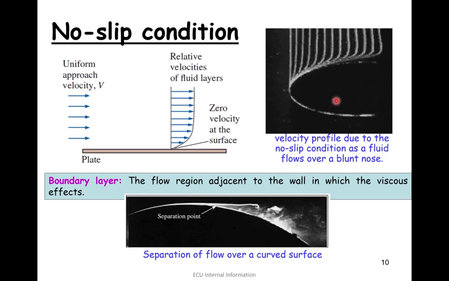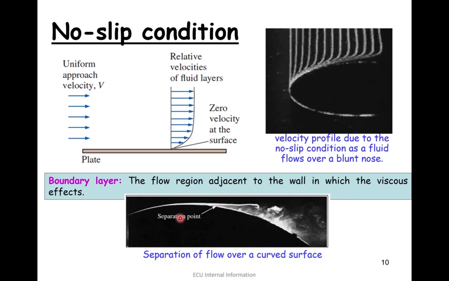The flow comes this way as uniform, and as we go further over the surface, the boundary layer forms. It shows the velocity profile due to the no-slip condition as a fluid flows over a blunt nose. Using a flow visualization technique, we can observe how the velocity profile looks.